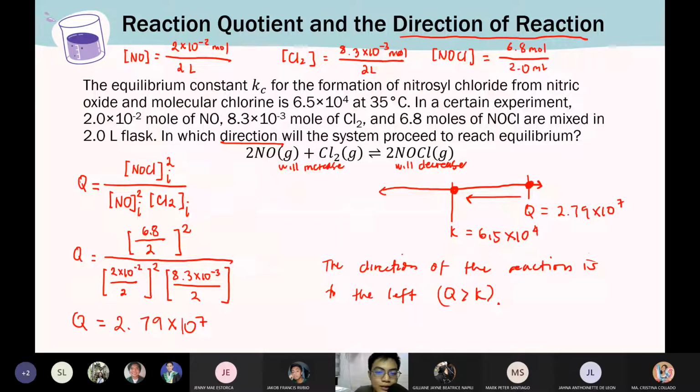So, decrease in concentration yung product, increase in concentration yung reactant. Bakit? Kasi to the left yung reaction. Some of this will be converted back to these two. So, mababawasan yung concentration ng NOCl, mababawasan yung concentration ng NO pati Cl2.